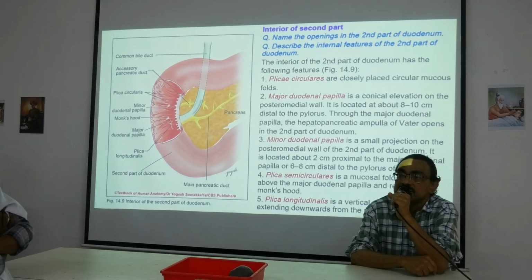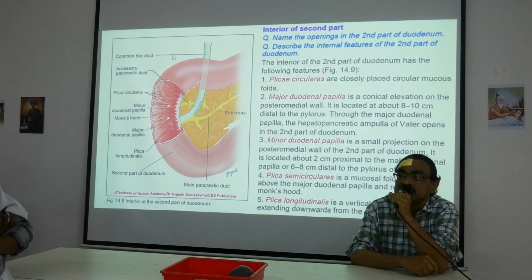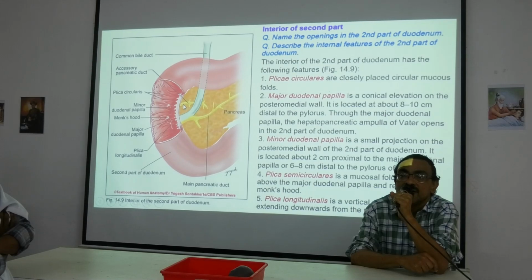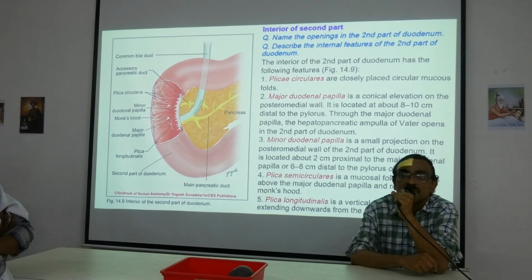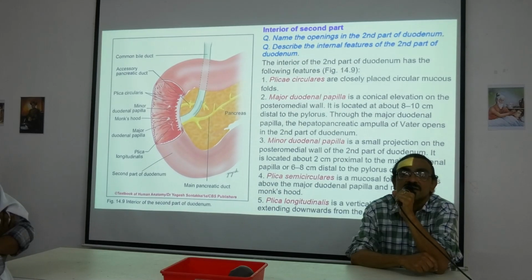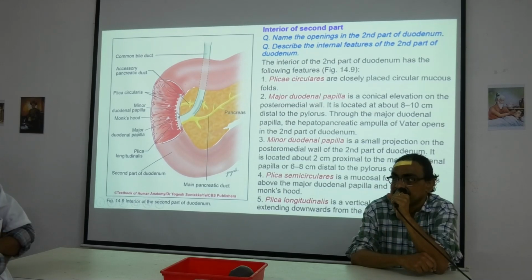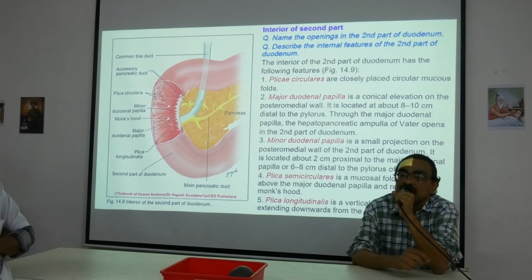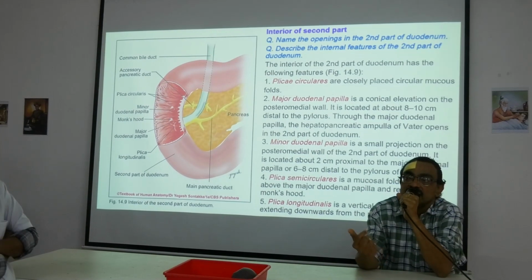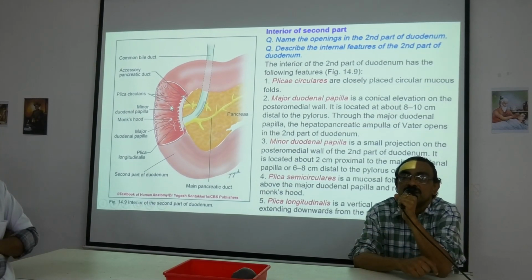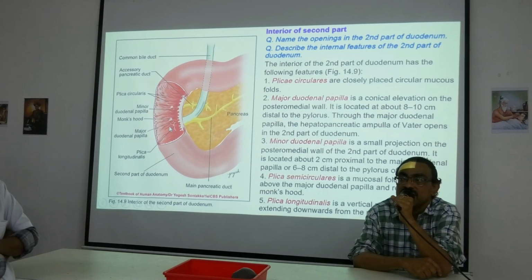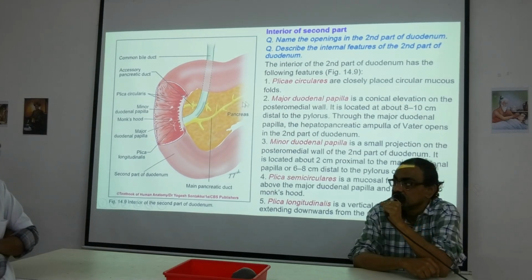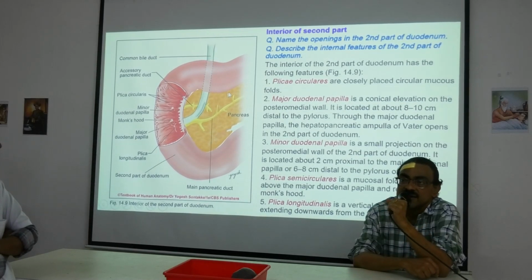Now, the pancreas develops from two parts. One is the ventral and dorsal pancreatic diverticulum. Okay. And ultimately these two diverticula join to form the pancreas.